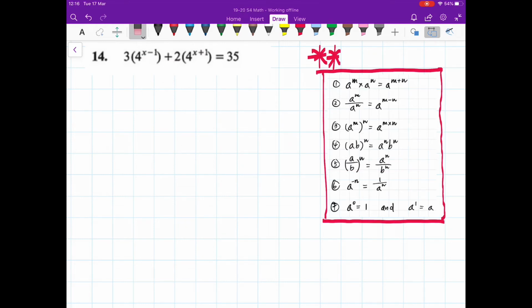Then for question 14, it is similar to question 12. The first step, we have to separate 4 to the power x minus 1 into 4 to the power x times 1 over 4. Similarly, for 4 to the power x plus 1, we can separate it into 4 to the power x times 4.